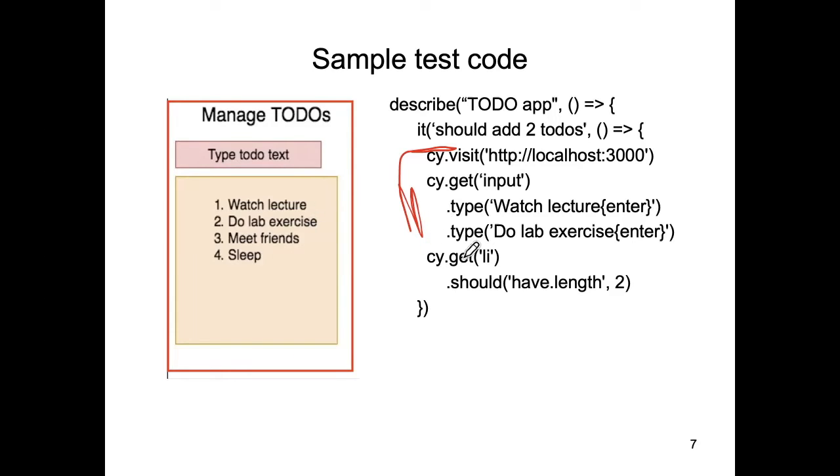So what this expression is going to do is cause Cypress to go looking in the browser tab for all occurrences of li elements. So this expression is going to return an array, whereas the expression up here only returned one element because there was only one input or text box. So this is going to return an array.